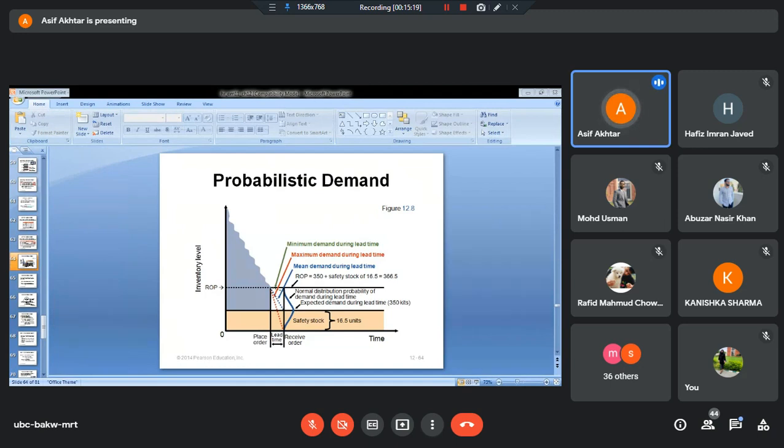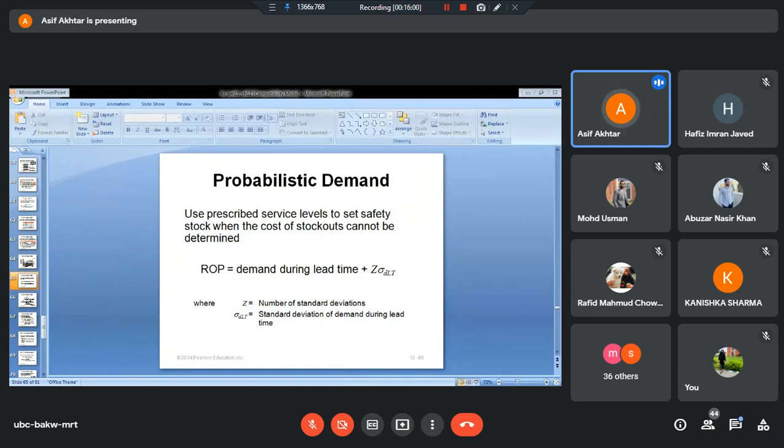Repeating, the expert says that safety stock is nothing but the product of Z and the standard deviation. Z is the value calculated from the normal probability distribution. And what is this sigma?